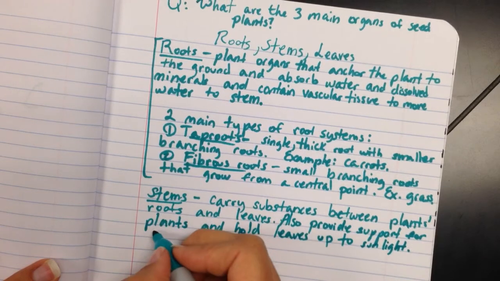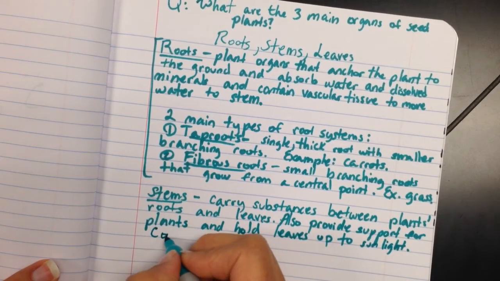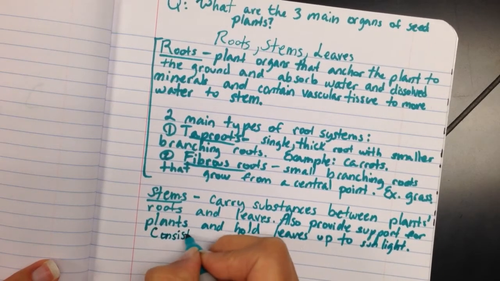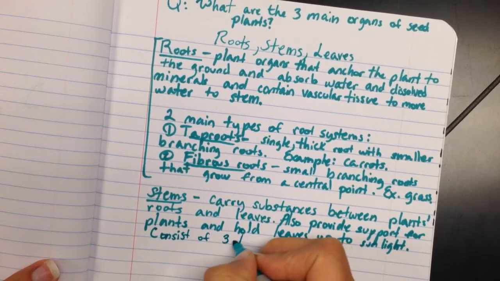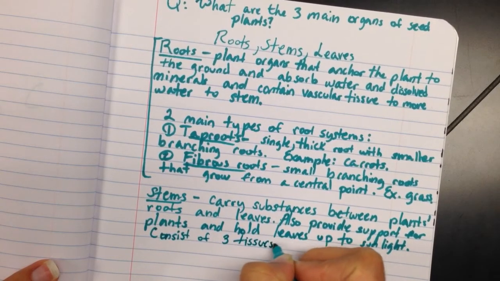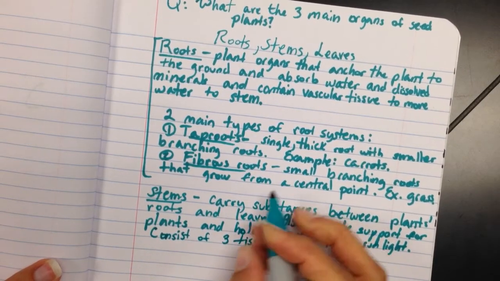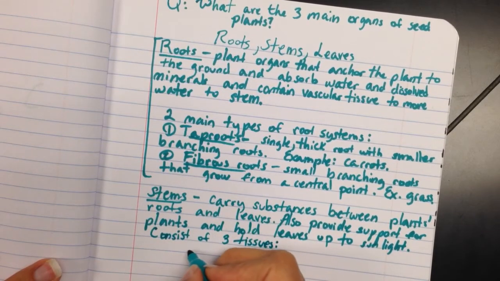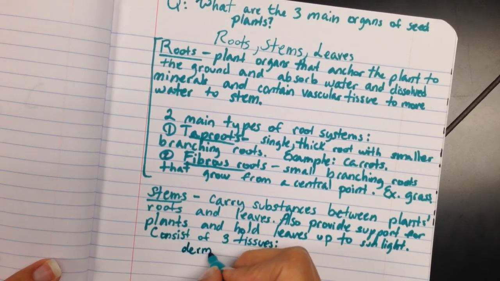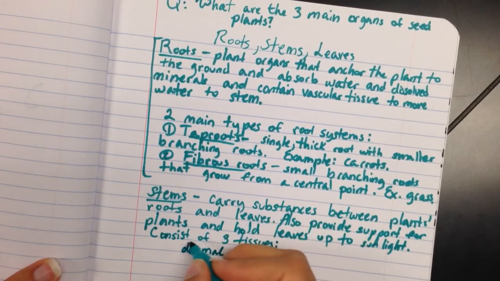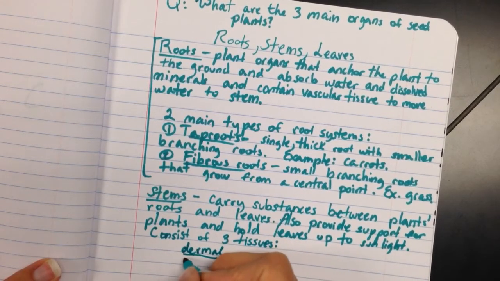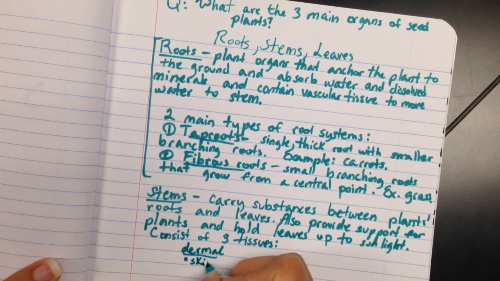And they consist of three tissues. Those are dermal tissue, which are the outside cells, and dermal itself means skin, so you can think of it as the skin of the stem.